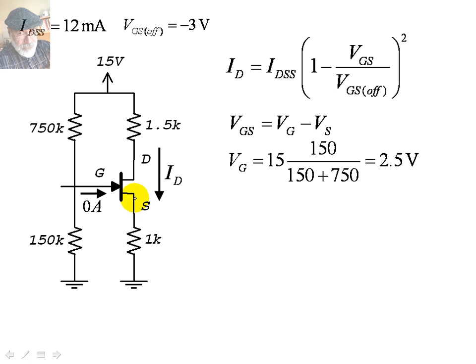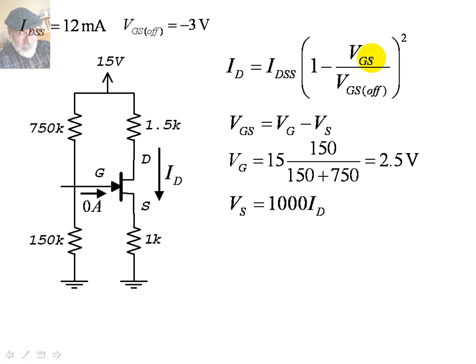How much is VS in this one? How much higher is the source than the reference? Well, that's given by Ohm's law. If I multiply 1,000 ohms times ID, I get the voltage VS, 1,000 times ID. That means that VGS, that I'll need in this expression here, is 2.5 volts minus 1,000 ID.